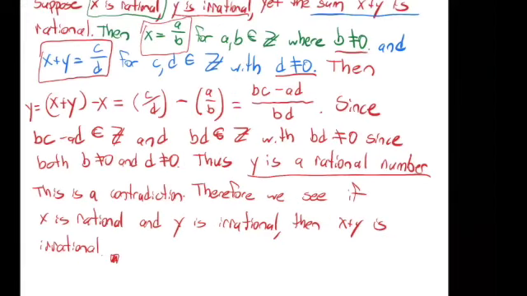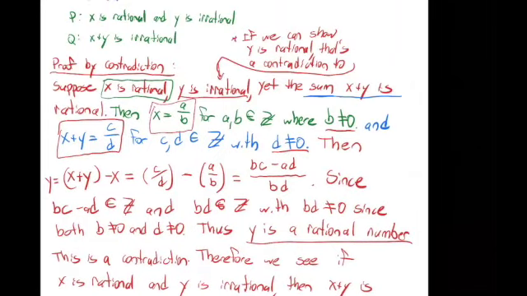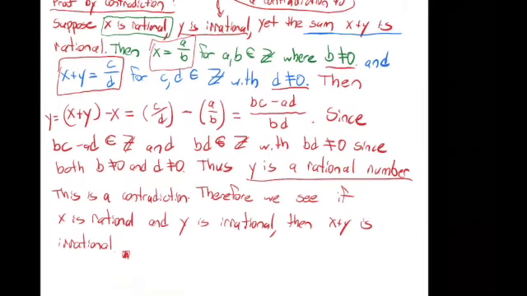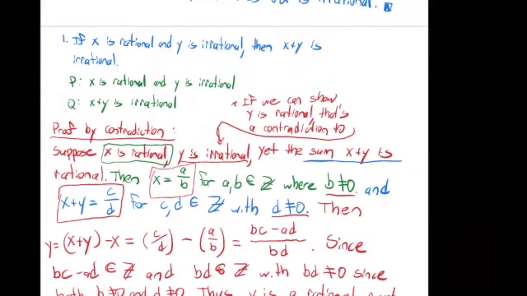And that wraps up that proof. So that's how it works for doing contradiction with a conditional statement.